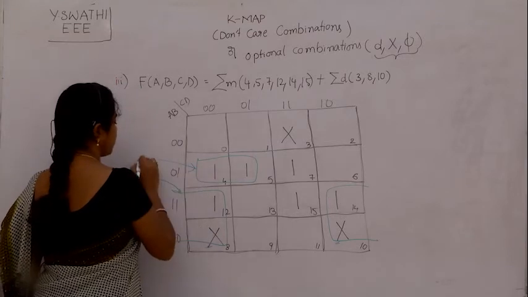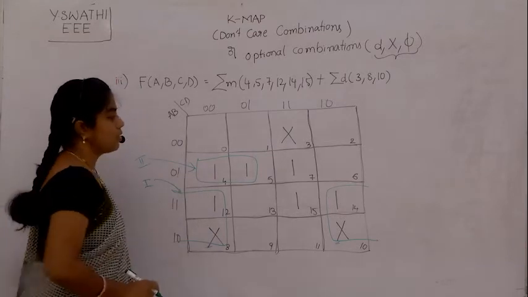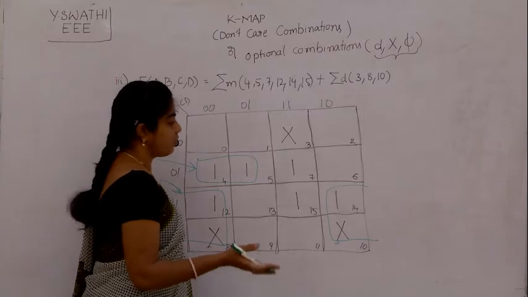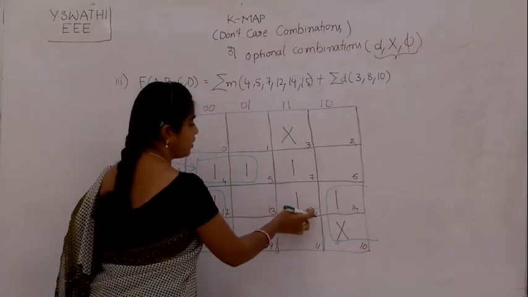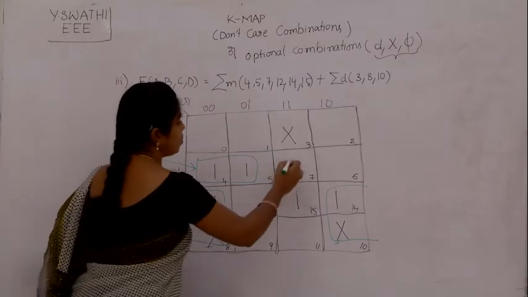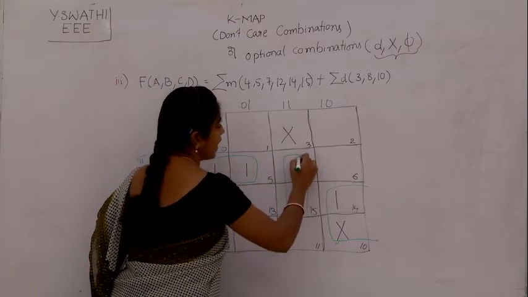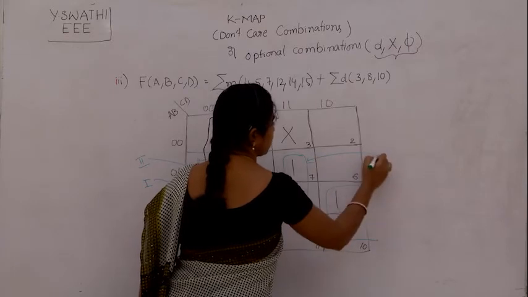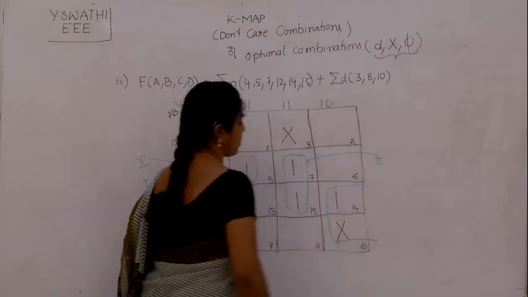This becomes my second prime implicant. So what are the rest of the ones left over? Those are 7 and 15, and both are adjacent to each other. So I can take this as another prime implicant combination. This is my third prime implicant.